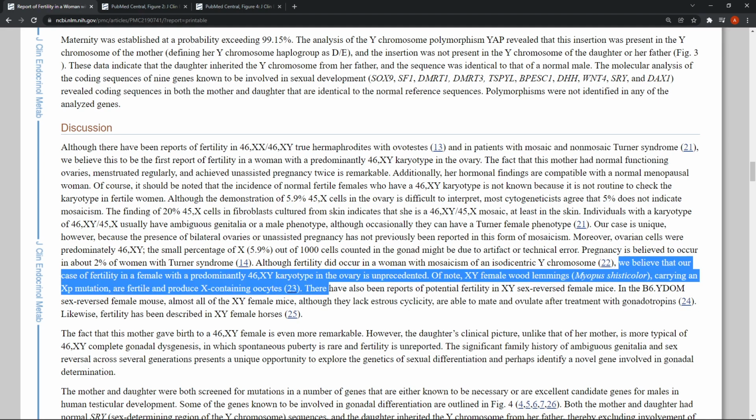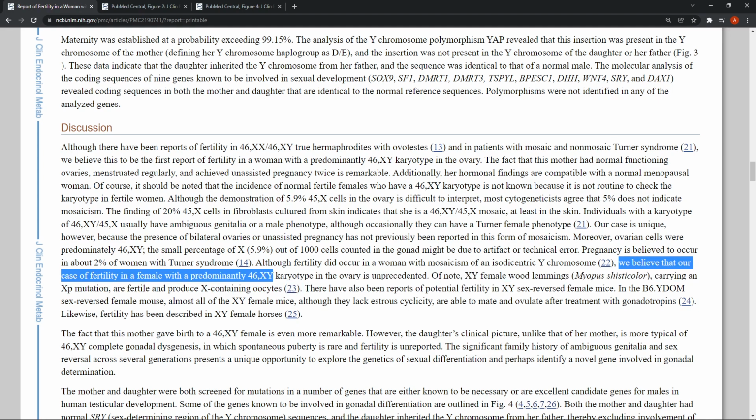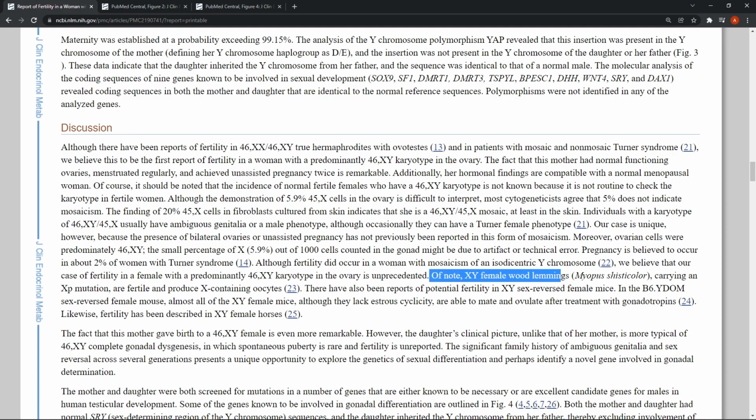"We believe that our case of fertility in a female with a predominantly XY karyotype in the ovary is unprecedented. Of note, XY female wood lemmings, carrying an XP mutation, are fertile and produce X-containing oocytes." So this is a completely different species, just a side note that this happens in nature, but not to a known degree in humans.